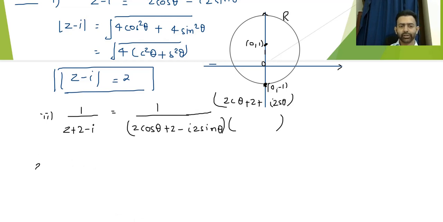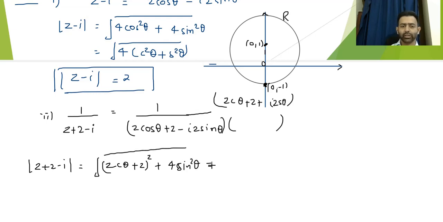So let us quickly find the magnitude of z plus 2 minus i in the denominator, which will be the real part square, which is 2 cos theta plus 2 whole square, plus the imaginary square, which is 4 sin square theta, and square root. This will be 4 cos square theta plus 4 plus 8 cos theta plus 4 sin square theta.